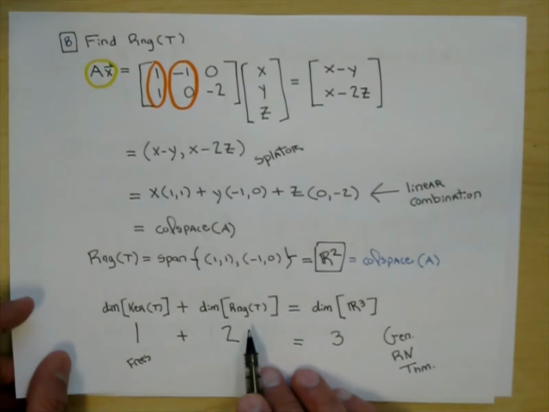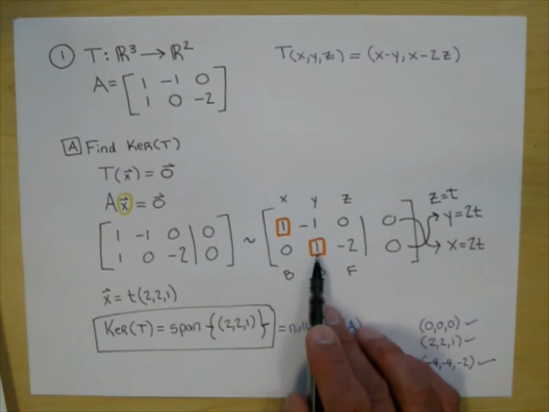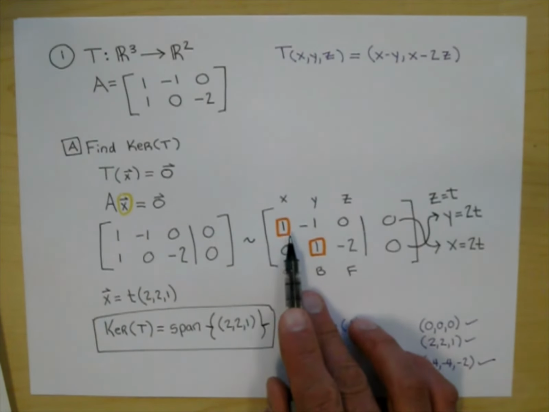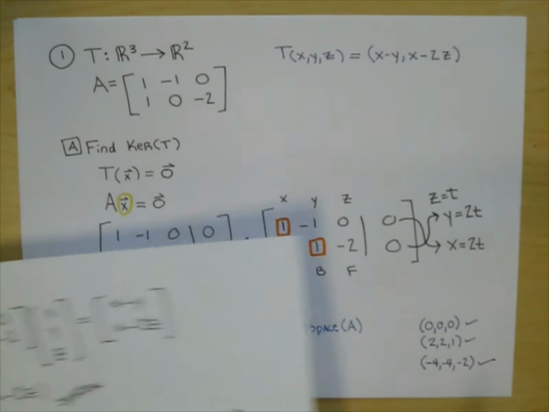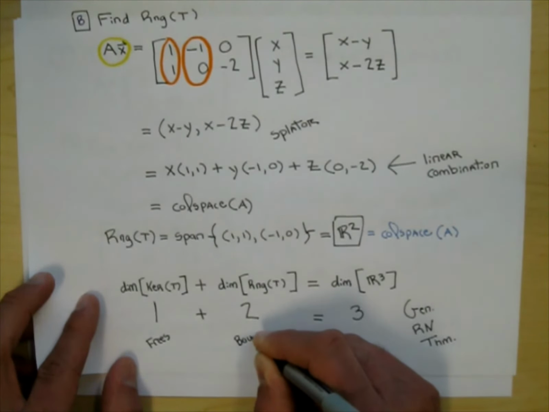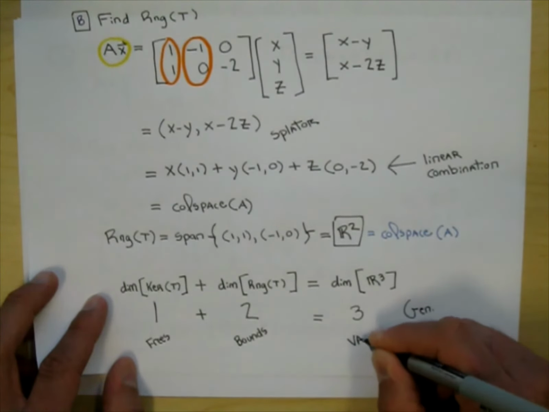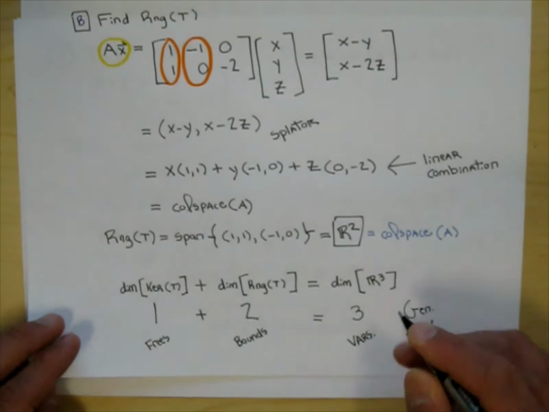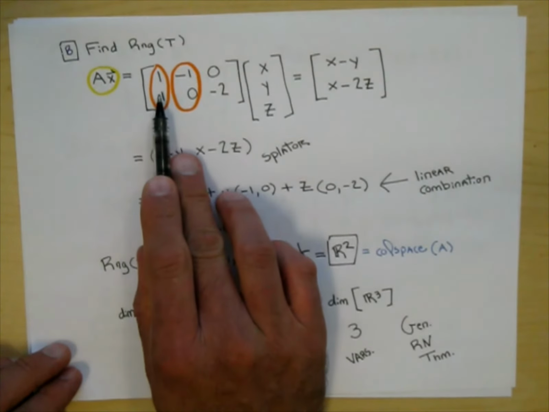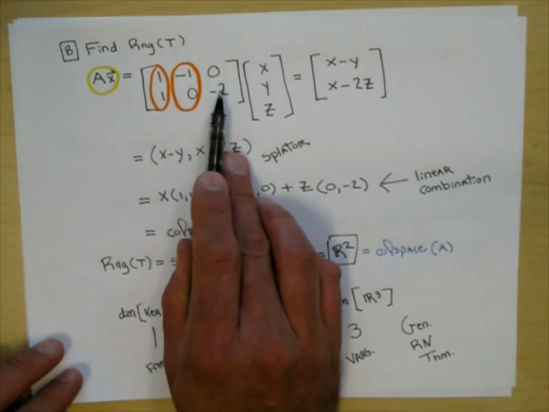And the range actually corresponded to the leading ones, and so that actually is the number of bound variables. So frees plus bounds equals the number of variables when you're finding the null space. But the number of variables is the number of columns of your matrix.